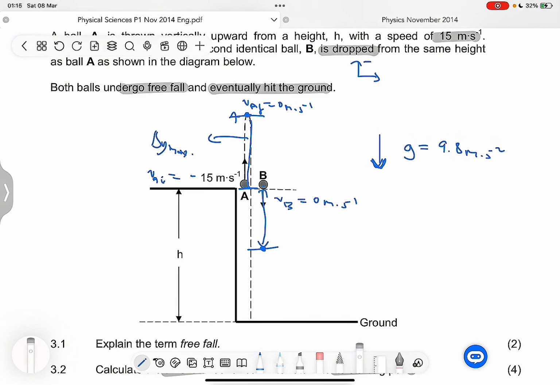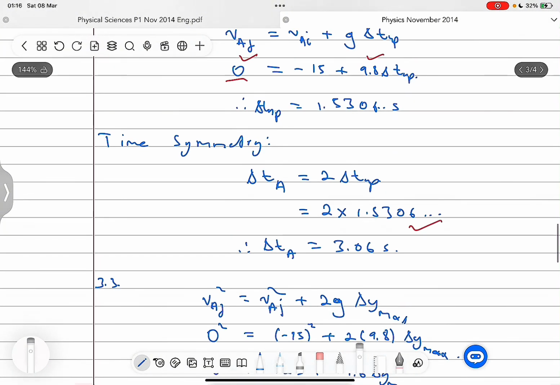Now you would see that they will take the same time to go up while this is going down. So as this is going up, the time is counting when this is going down. By the time this reaches the maximum height, this will be somewhere here. So the change in time to go up, which was 1.53, I think we calculated that.